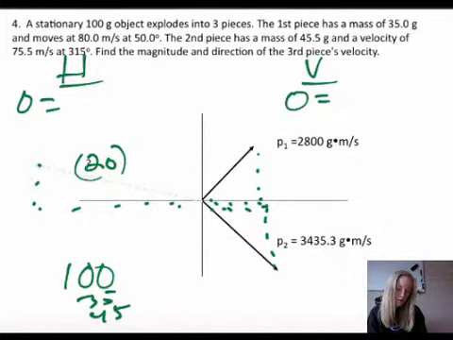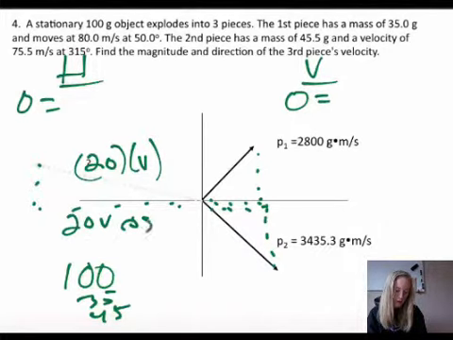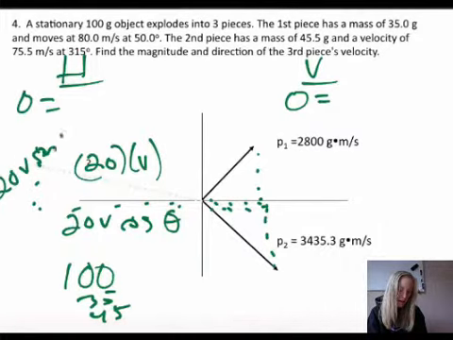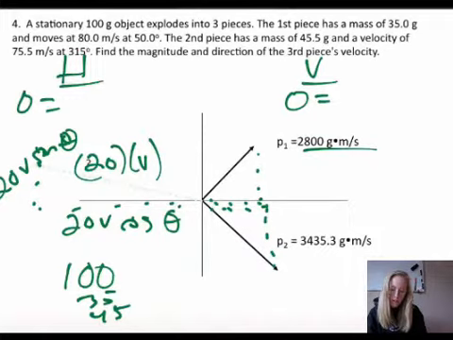times some sort of velocity would be its momentum. So this component is 20v cosine of theta, and this is 20v sine of theta. It already solved the momentum for you. How nice of it is that?